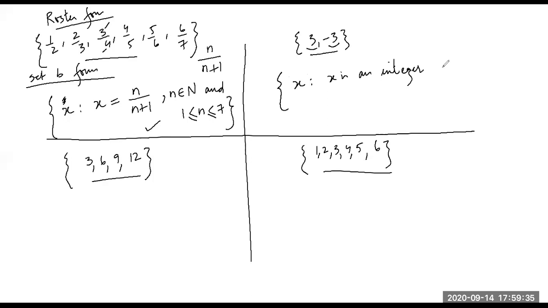And now can you think of any equation where x is only 3 and minus 3? So I can write x square minus 9 is equal to 0. So if I write like this, x is an integer and x square minus 9 is 0. So x value can be 3, 3 square minus 9 is 0, or minus 3 square minus 9 is also 0. So it perfectly satisfies us, right?